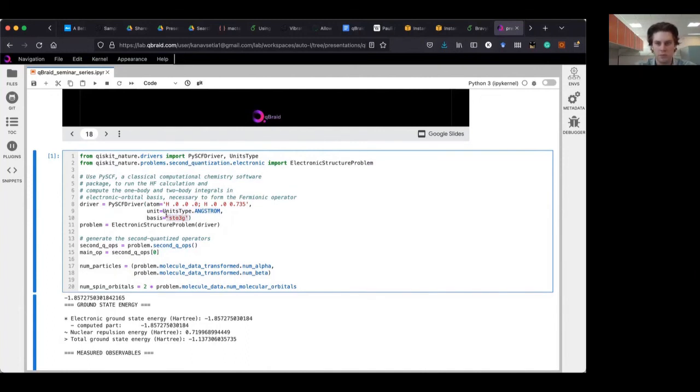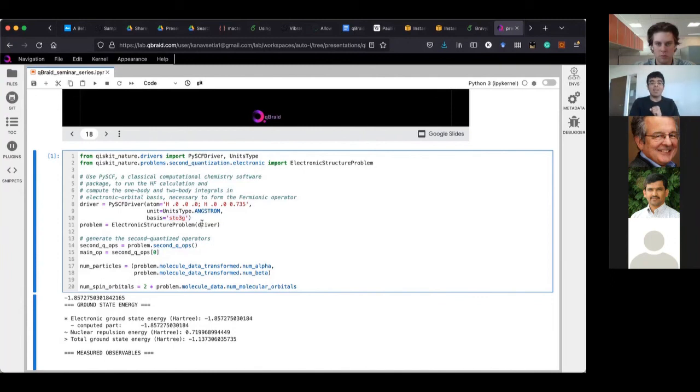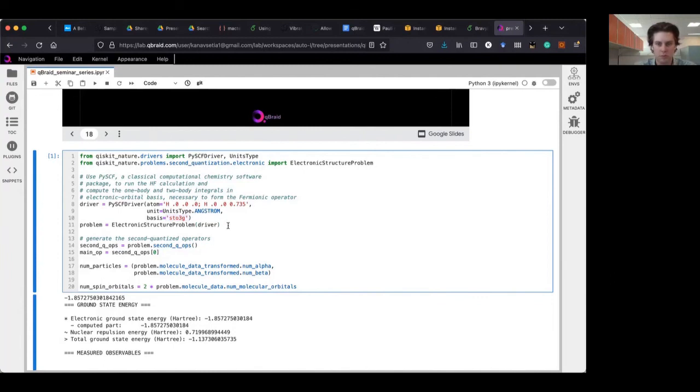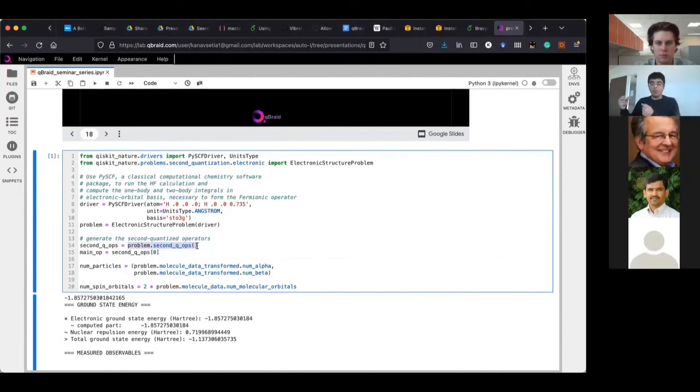Remember when I mentioned that you need to discretize those partial differential equations? That's how you do it. Think of it abstractly. Then what you do is you define your problem. This sort of initializes the system. Then, in a second step, you take the output of the calculation that you just ran and convert it into a second quantized operator, which is a step before you can map it to the qubits.